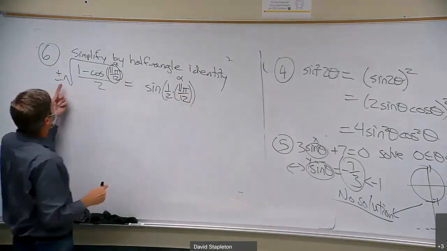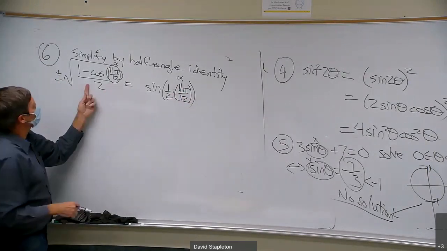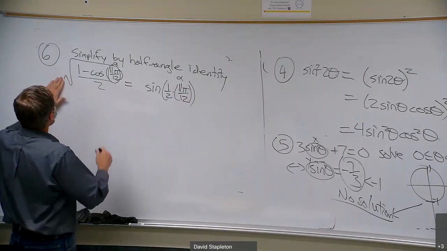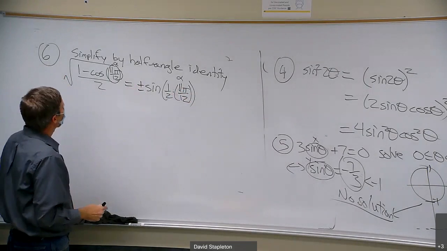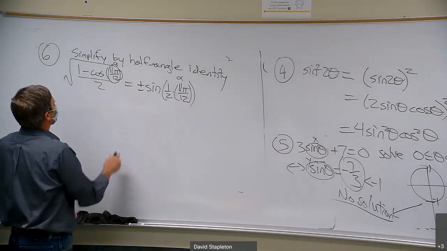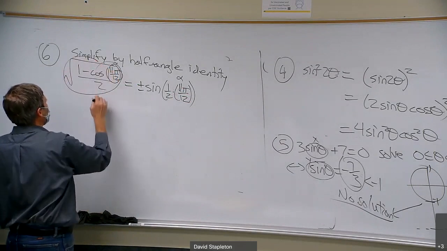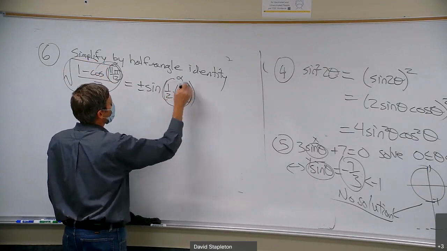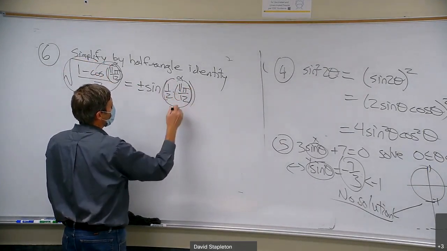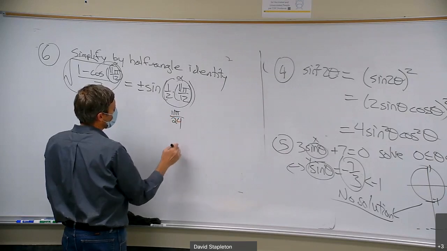with my plus or minus. Well, this identity, if it's plus or minus, if this one is plus or minus this one, it follows that this one is plus or minus. Well, let's write it with the plus or minus on the other side. And say, does it need to be plus or minus? The radical sign means the non-negative number, so this is plus. This angle in here is 11 pi over 24.